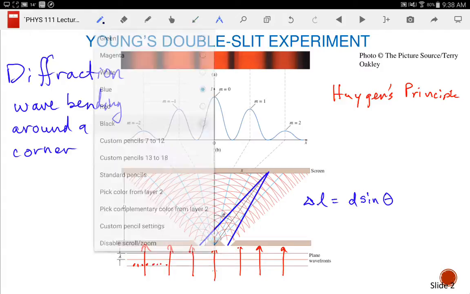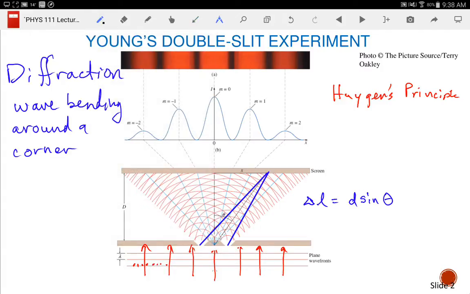Actually, I'll draw both the black lines darker so you can see them more clearly. So there's the definition of the angle theta. And a big theta there. So the path length difference is d sine theta.